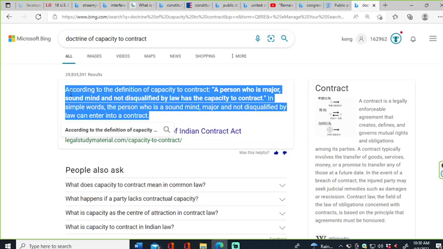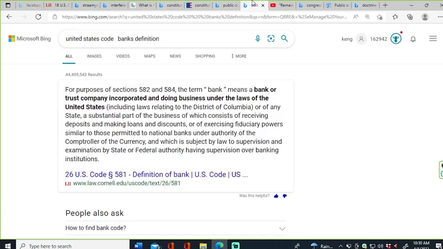In this last topic I want to cover, I want to show you that it doesn't matter what you call yourself, you're still a bank, an LLC, a trust, a sole proprietorship, a sole aggregate, an S corp, a C corp. You're still a bank because you enter the realm of a banking franchise.